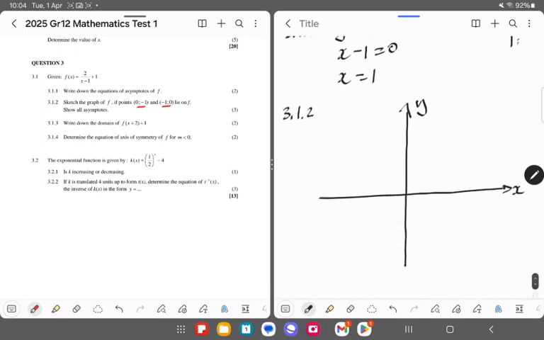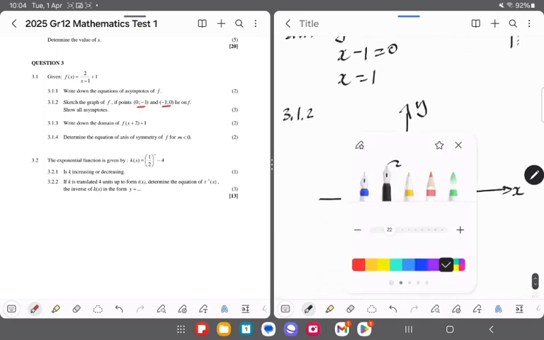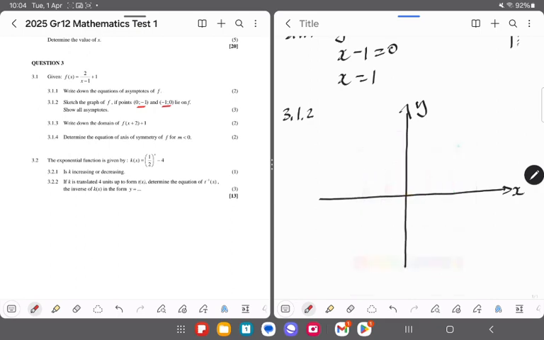Now when we sketch our hyperbola, we need to start with our asymptotes. We have our asymptotes as x is equal to 1, so we'll start with that asymptote where x is equal to 1, and also where y is equal to 1.